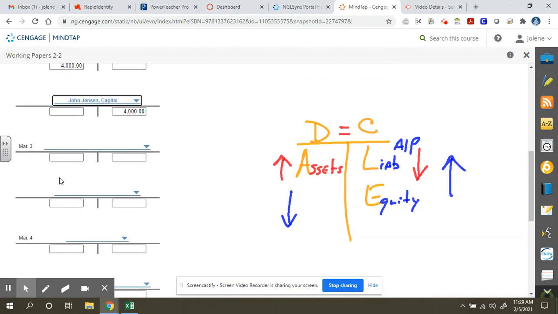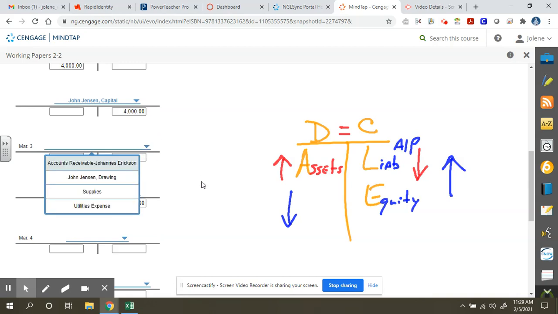All right, now we go to March 3rd. March 3rd says paid cash for supplies, $95. So I know 95 goes here and 95 goes here. It gives me the options. Remember, it says paid cash for supplies. It gives me accounts receivable, Johannes Eriksson.